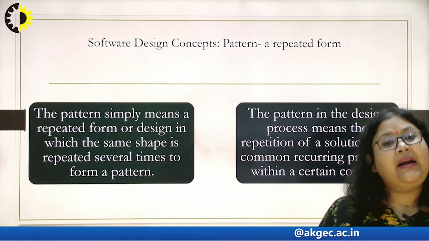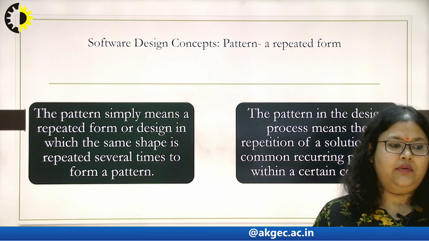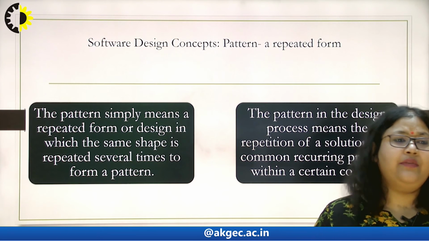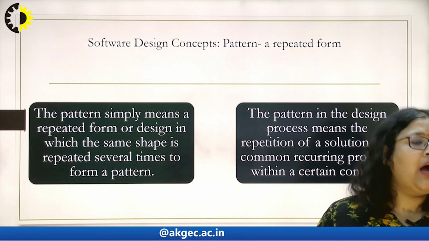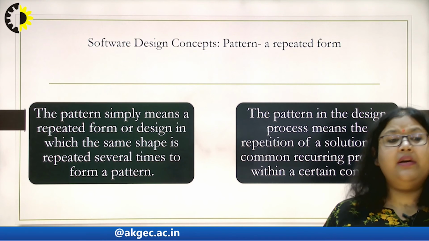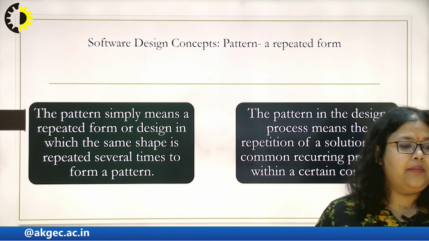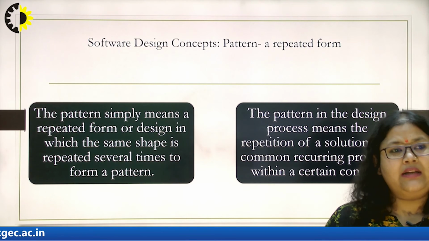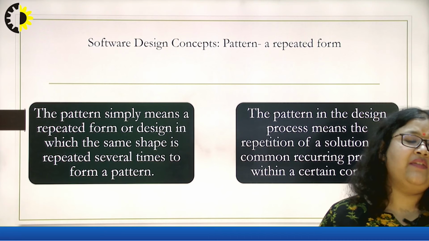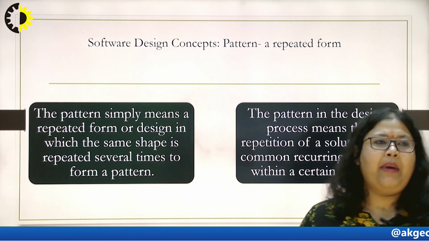So this is the pattern of stealing something from the house or murdering someone, but the characteristics of that thief are matched from the previous cases. So this is the pattern.